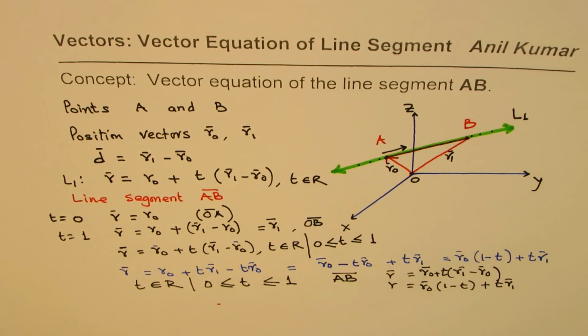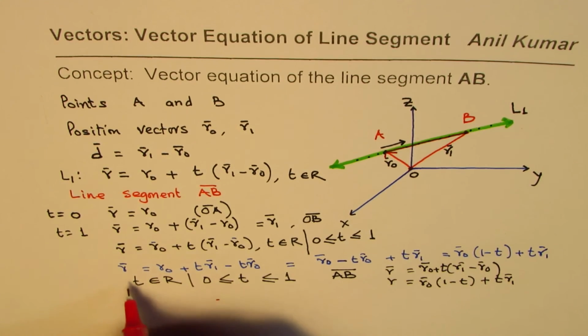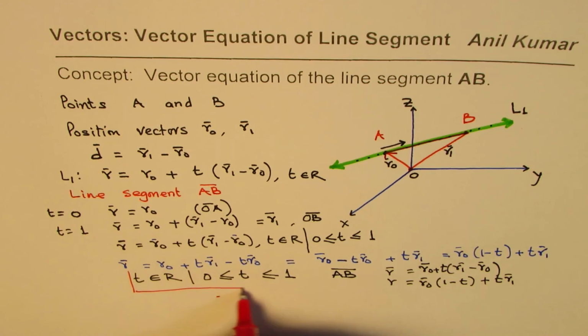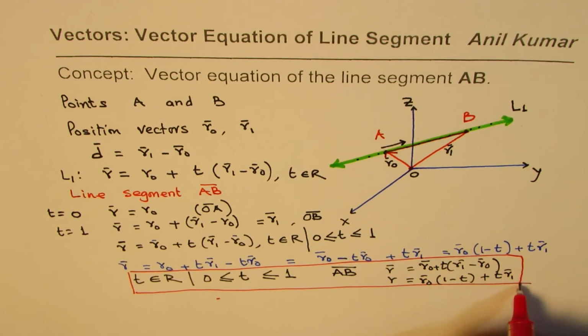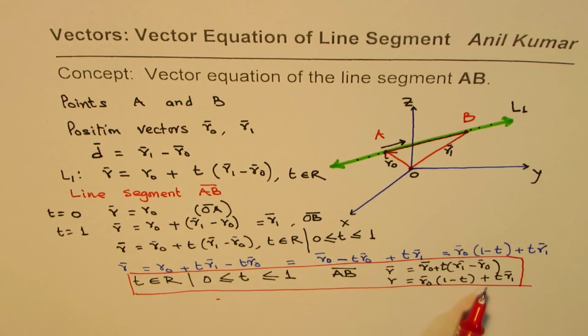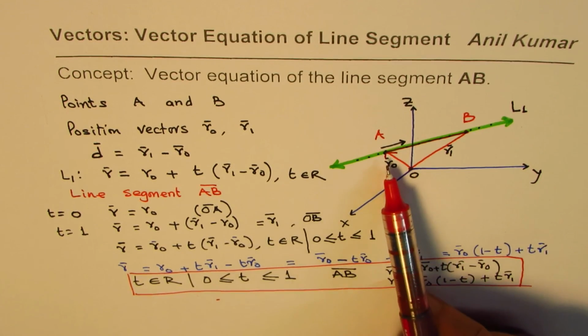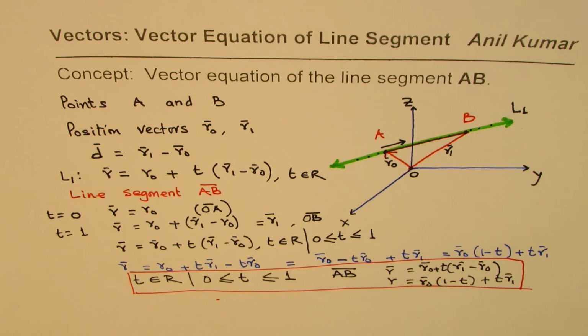And the condition is that t belongs to real numbers and it is between the interval 0 to 1, correct? So that is how you can actually define any line segment on a line.